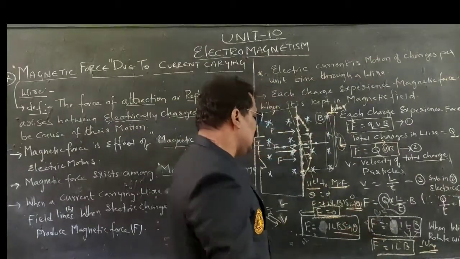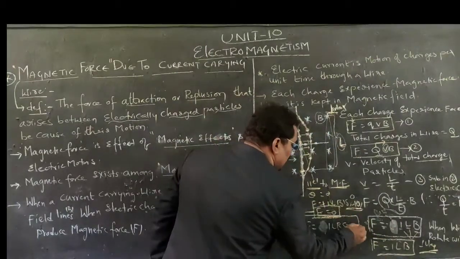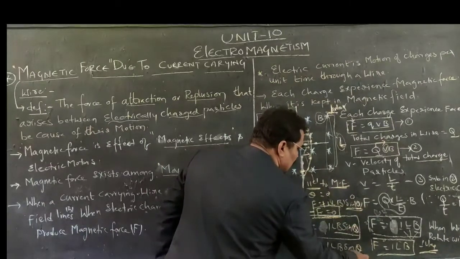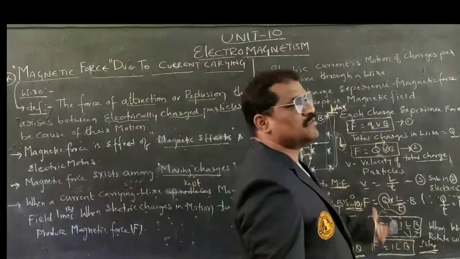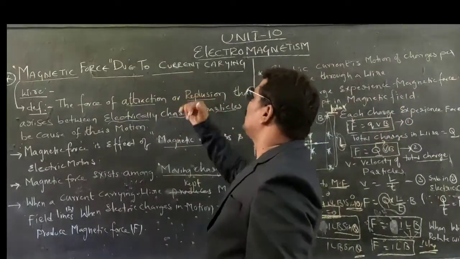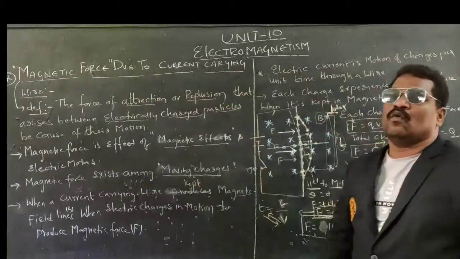If it is rotated, we get one formula: ILB sin theta. By this we have completed our topic, magnetic force due to a current carrying wire.